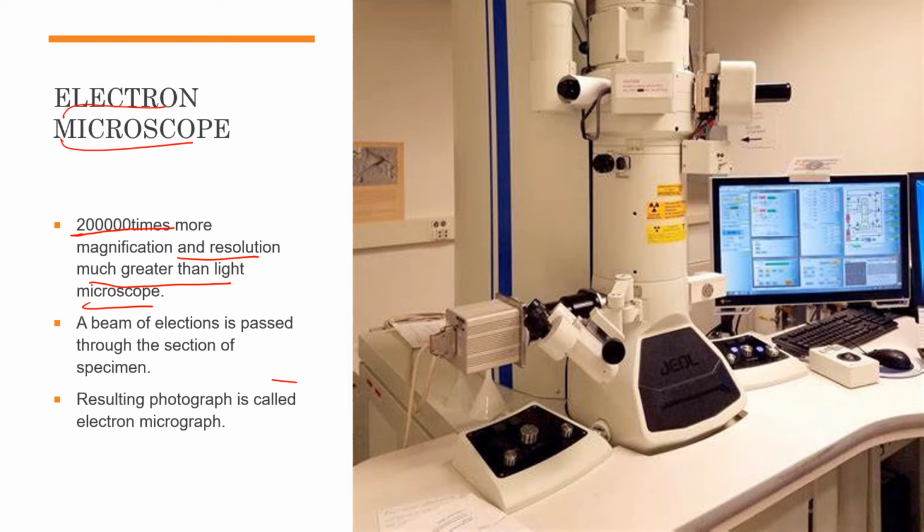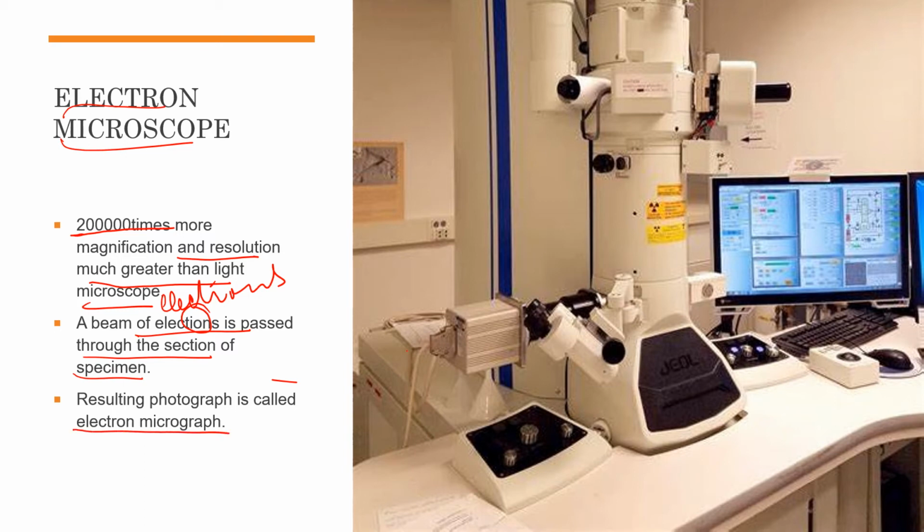Now how does it work? A beam of electrons is passed through a section of the specimen. Suppose a section of the specimen is kept in the electron microscope. A beam of electrons will pass through the section of the specimen, resulting in a photograph which is called an electron micrograph.